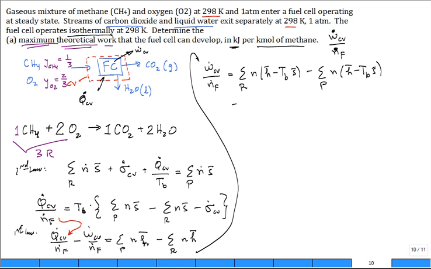If we sum over all of the reactants, let's just write them down. The reactants are going to be CH4 and O2. The products are going to be CO2 gas and H2O liquid, emphasizing that's a liquid. All right, so what we're going to have is the stoichiometric coefficient for the fuel.